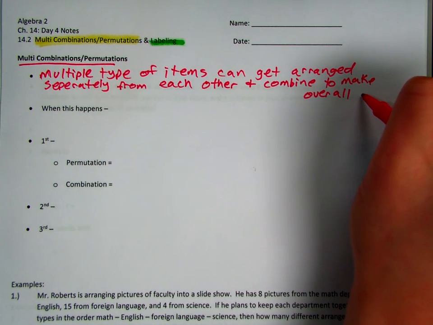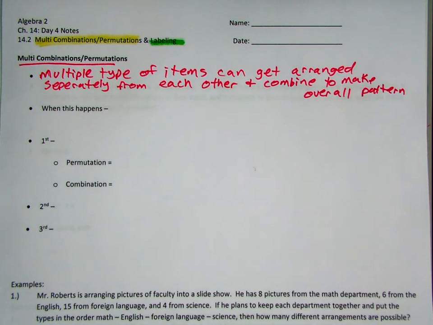And that's really this idea of the multiple combinations and permutations. This idea that we could separate things out and say, okay, we can do a combination of these items, and then together they create an overall pattern.